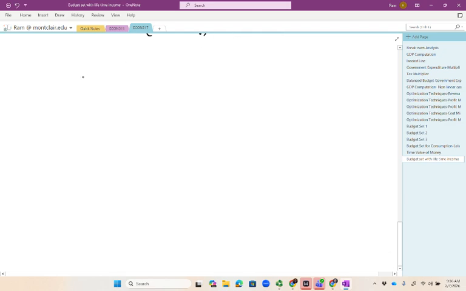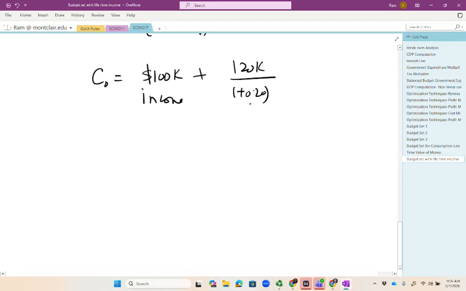So the maximum value of current consumption the consumer can afford is 100k, the current income, plus 120k divided by 1.20. That's the amount the consumer can spend by taking out a loan against future income, given the interest rate to be 20%. So what I got, 100k plus 100k, so 200k.